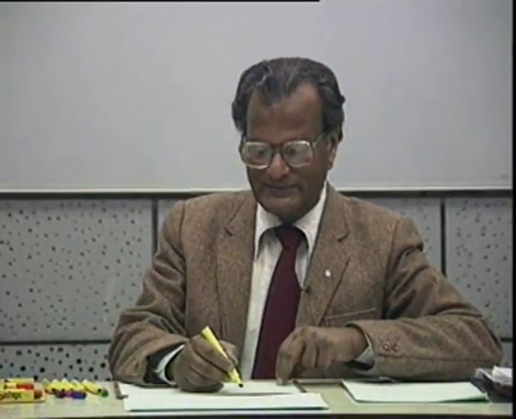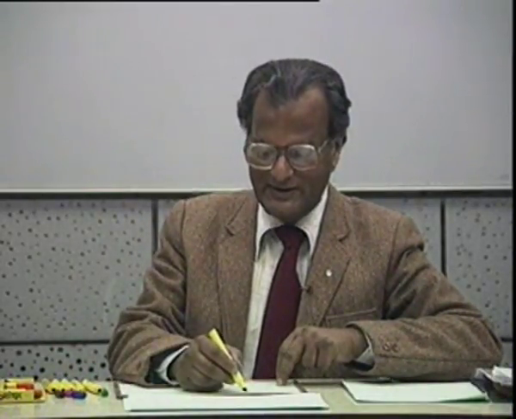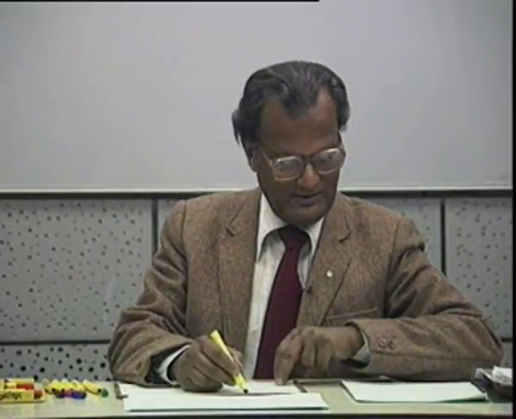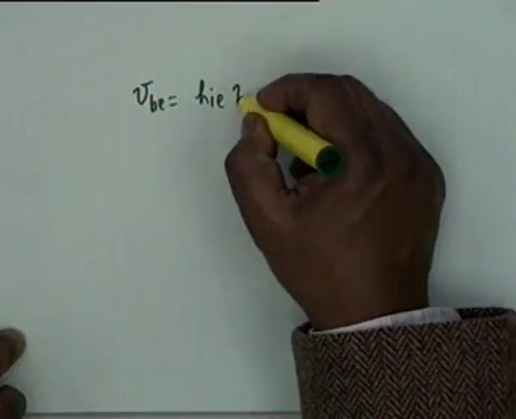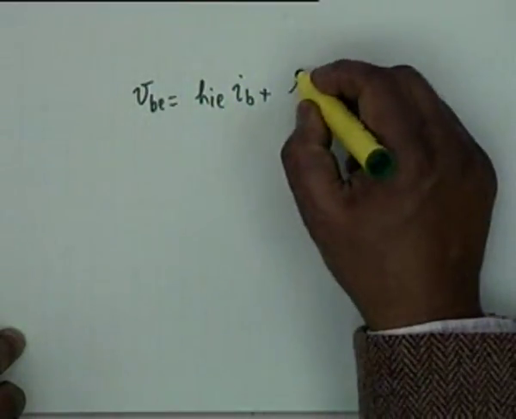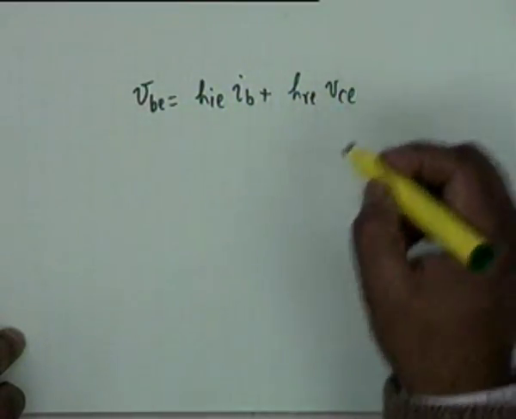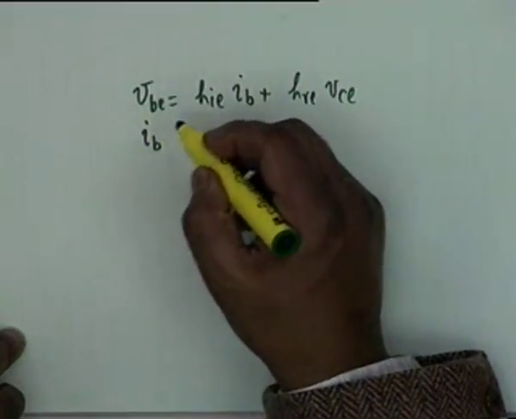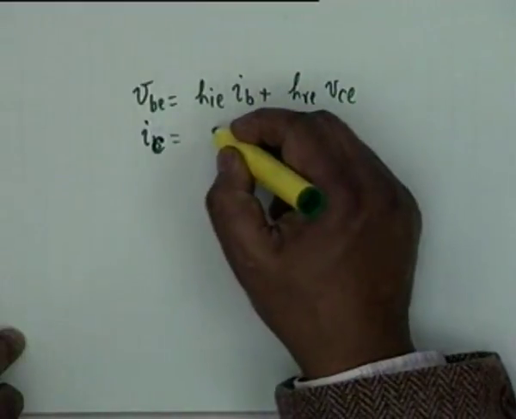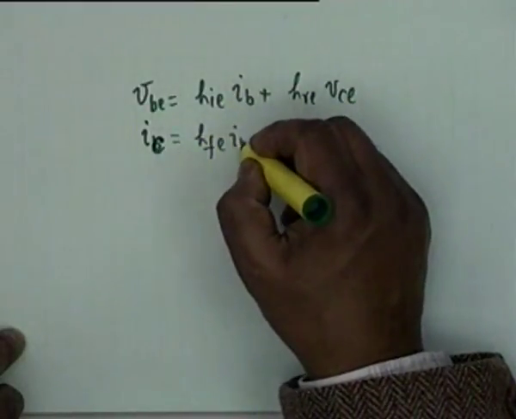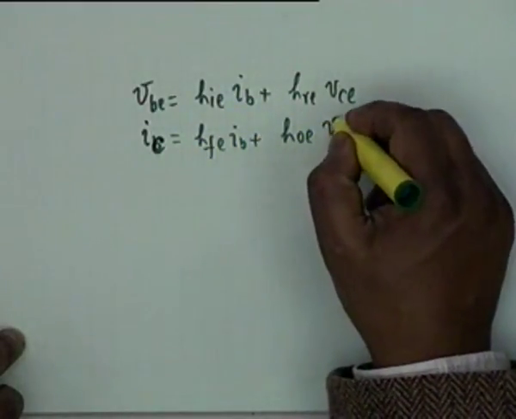What you do is, first you write this relationship, that is VBE is equal to HIE I sub B plus HRE VCE, and I sub C, I beg your pardon, I sub C is HFE IB plus HOE VCE.